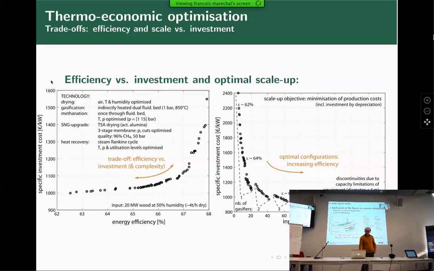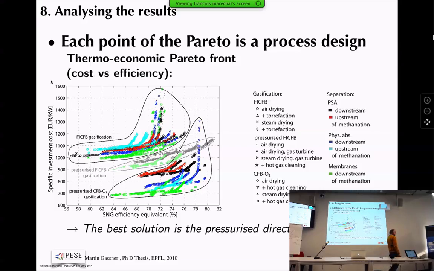There were a lot of options, and because we have a lot of options, we need to calculate a lot of Pareto curves. And this is one result for the design of methane production processes with different types of technologies or combinations of technologies. Each point is a design. Each point in the list is a design.